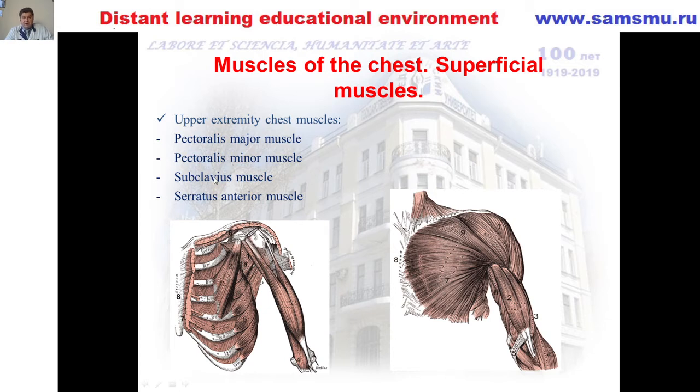Also, we will talk about the subclavius muscle. You may see this muscle on this picture, number 6, and the serratus anterior muscle. Particularly, you may see this muscle as number 5 on this picture. These two muscles, subclavius and serratus anterior, are truncofugal muscles.